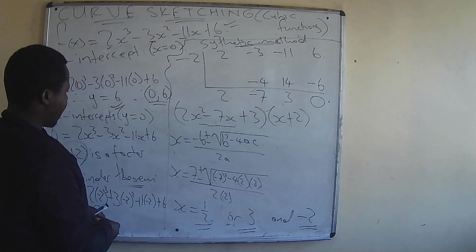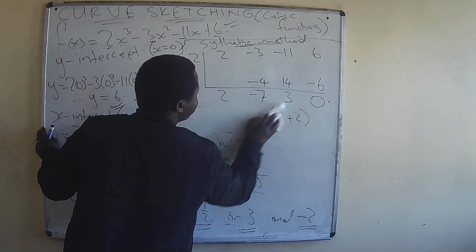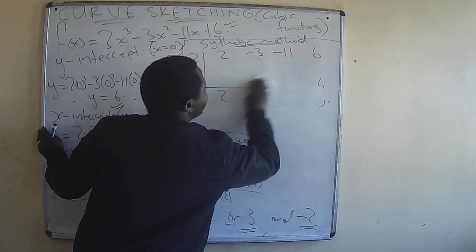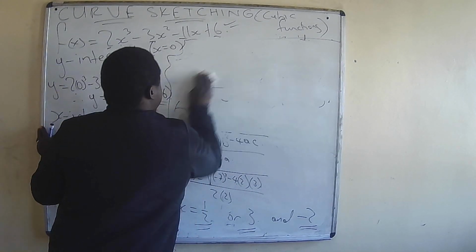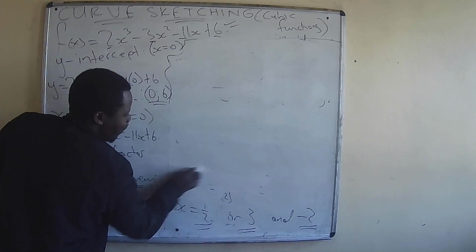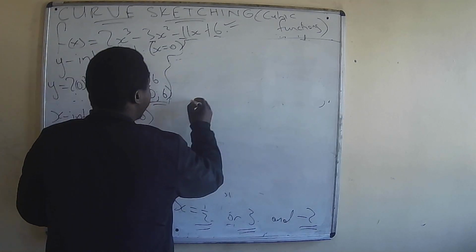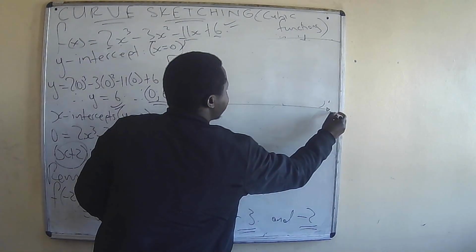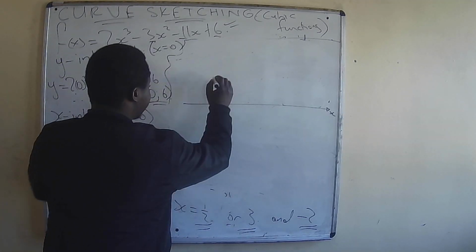Let us sketch our curve. So sketching our curve, we are going to sketch our curve in this case, and we have our x-intercepts.